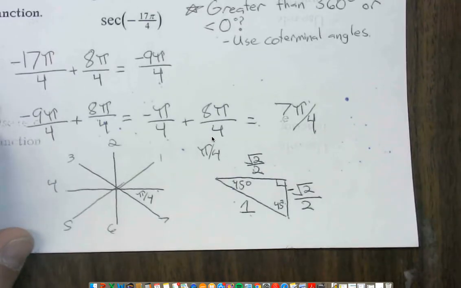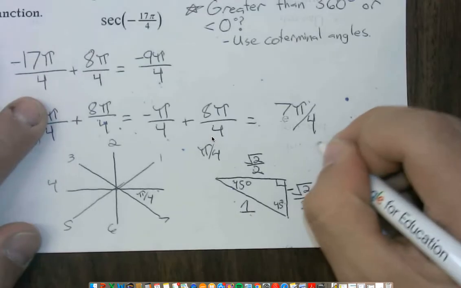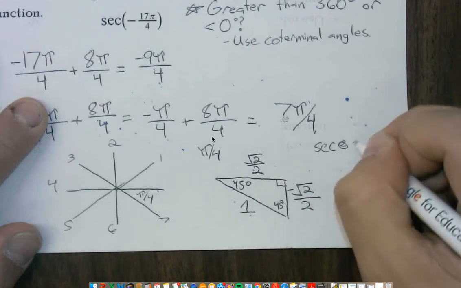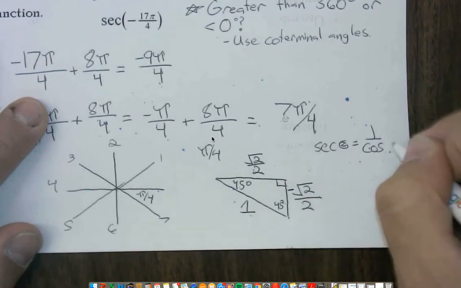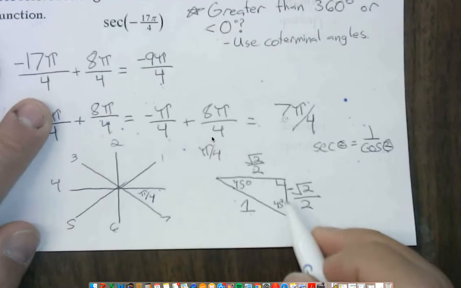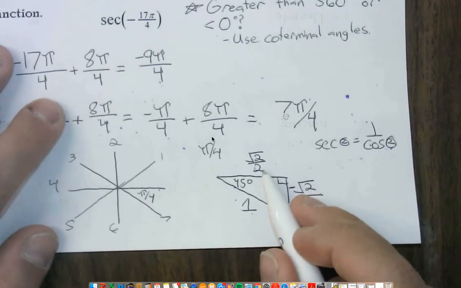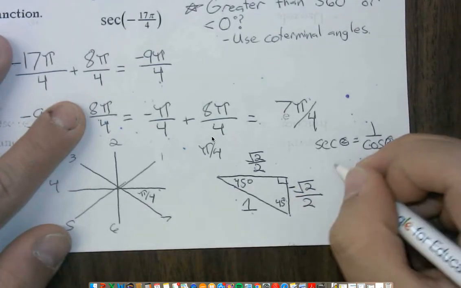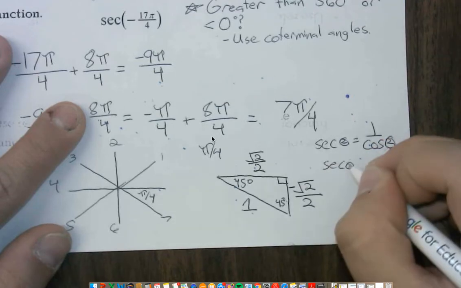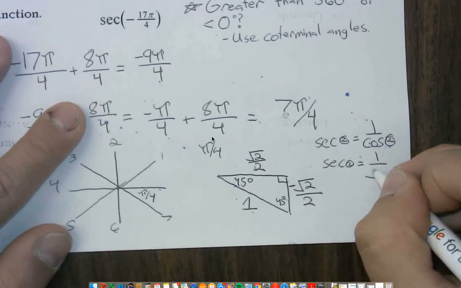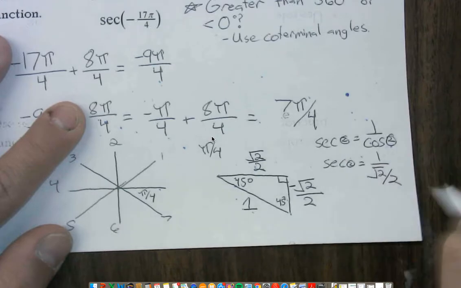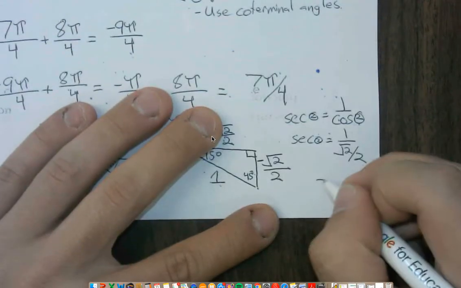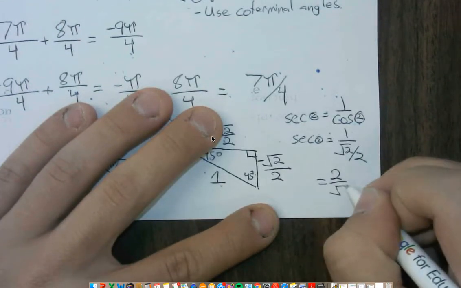All right, so secant is going to be 1 over cosine of theta. Cosine of theta is going to be square root of 2 over 2. And if we flip this, this would get us 2 over root 2.